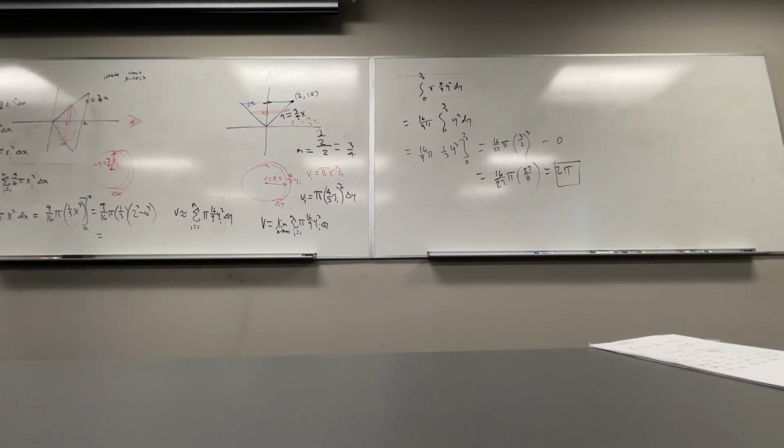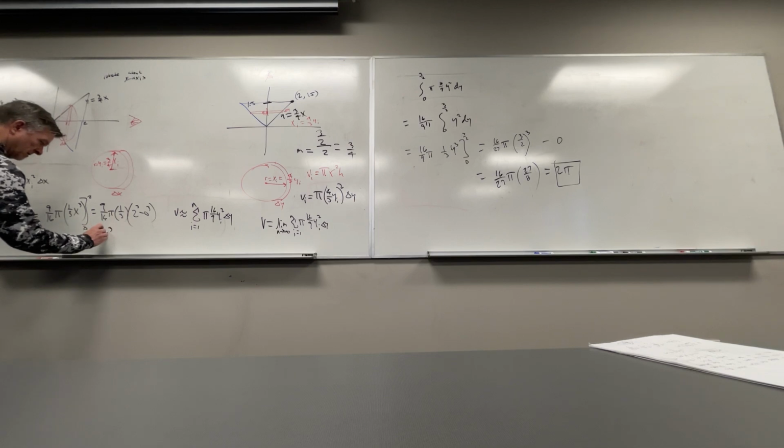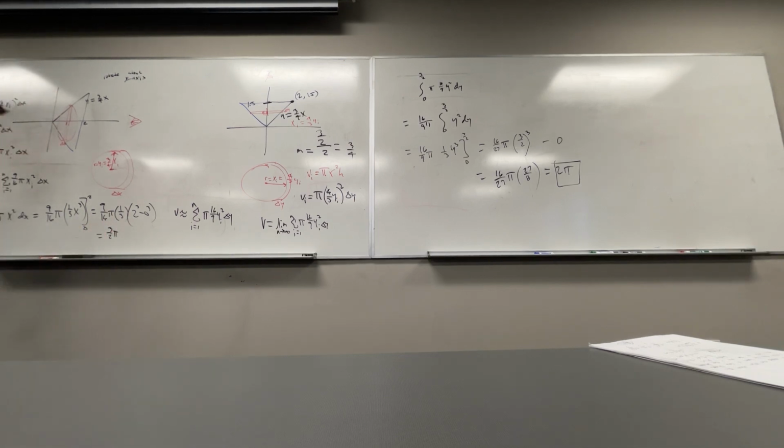Let's see what happens. 2 cubed is 8, right? We've got a 3 that's going to cancel. So do we wind up with 3/2 pi? Is that what you guys get? Okay, any questions about any of that?